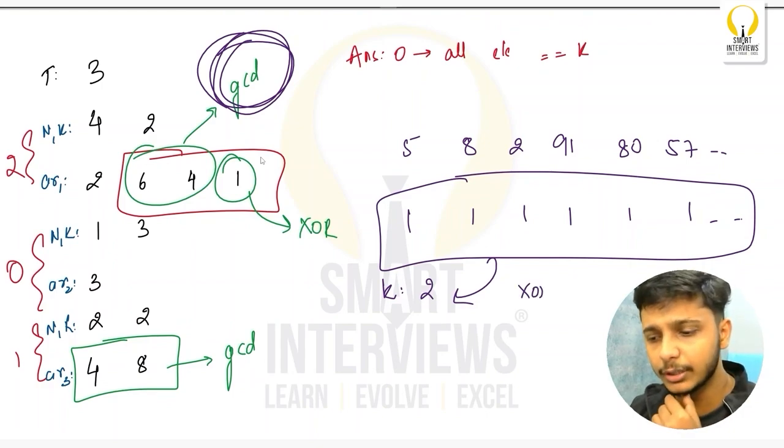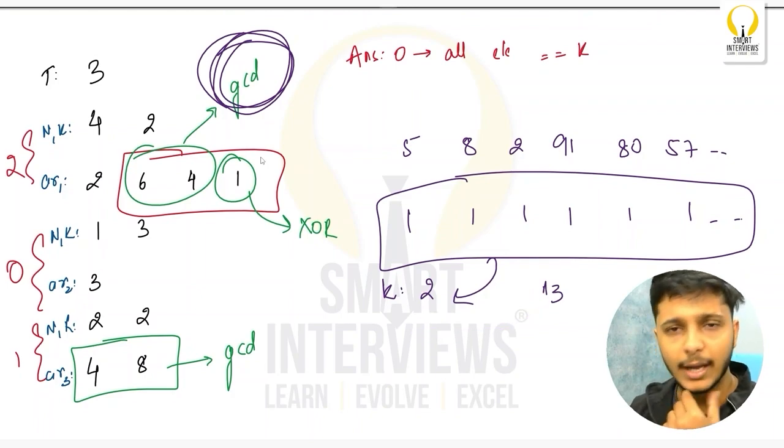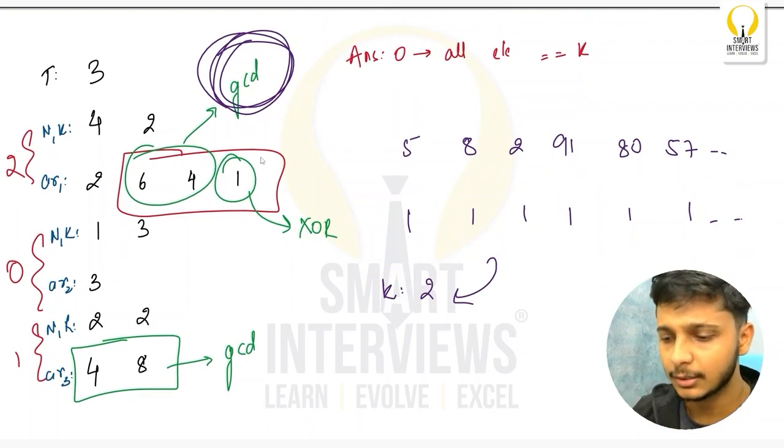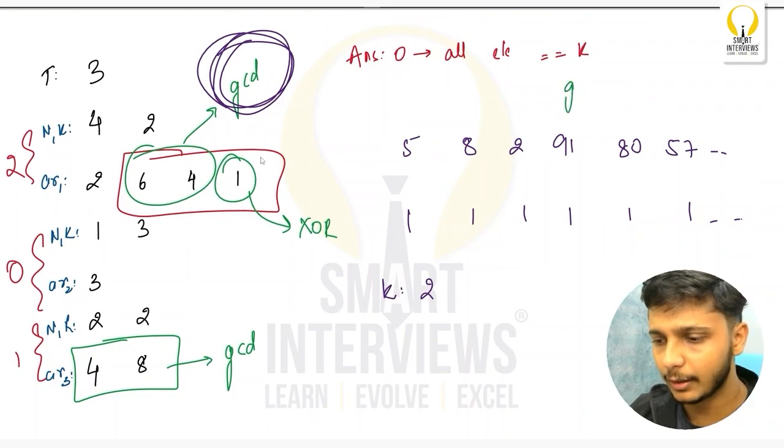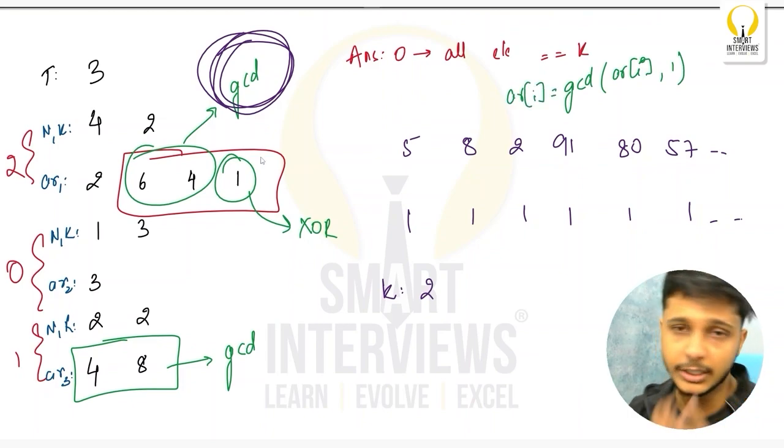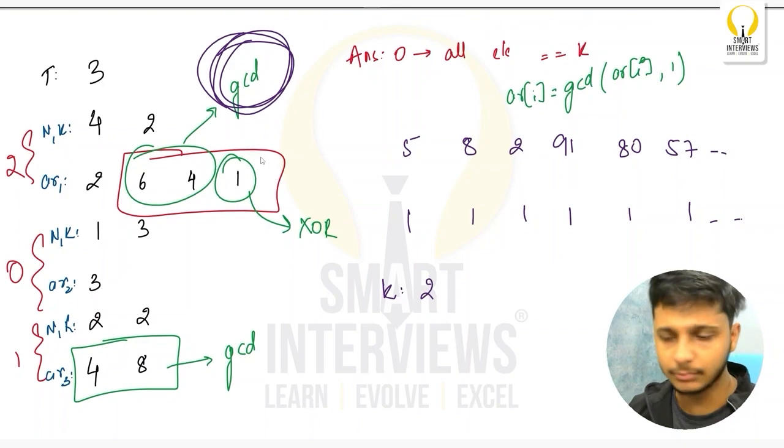If I do XOR with 3, with anything basically, which will give me the desired value, I'll get 2. All the elements can be set to 2, correct? So the observation here is that we can take any number: set array of 5 to its GCD with 1. The answer would be 1. Set all the things to 1 and apply some XOR value.